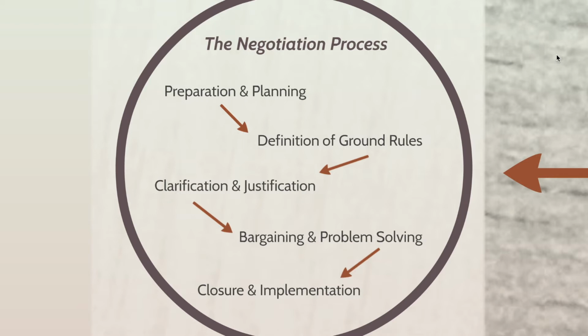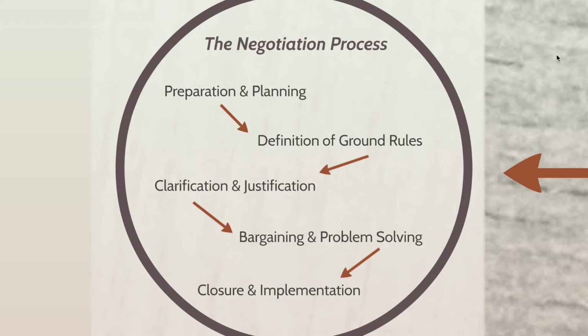In more informal negotiations, the ground rules may just be a matter of defining what it is that you're negotiating about in broad terms. The next step is clarification and justification, and this is where the interaction between the two parties happens in the negotiation process. Each party has an opportunity to clarify and justify their position, and then start engaging in bargaining and problem solving with each other.